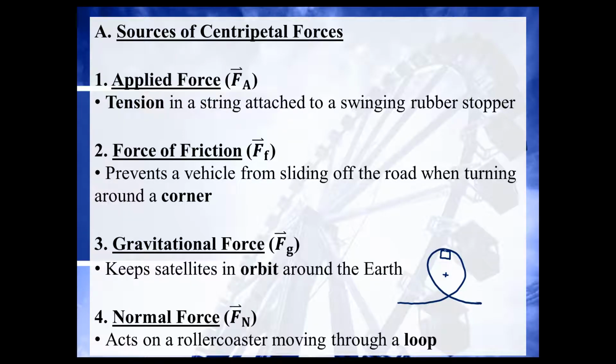In return, the track would exert this equal and opposite reaction force, which would be a normal force back on the roller coaster cart. This force would be directed towards the center of the circle. Obviously, if you didn't have the track, then the roller coaster cart would just fly off. So you do need the normal force from the track on the cart to act as a centripetal force.